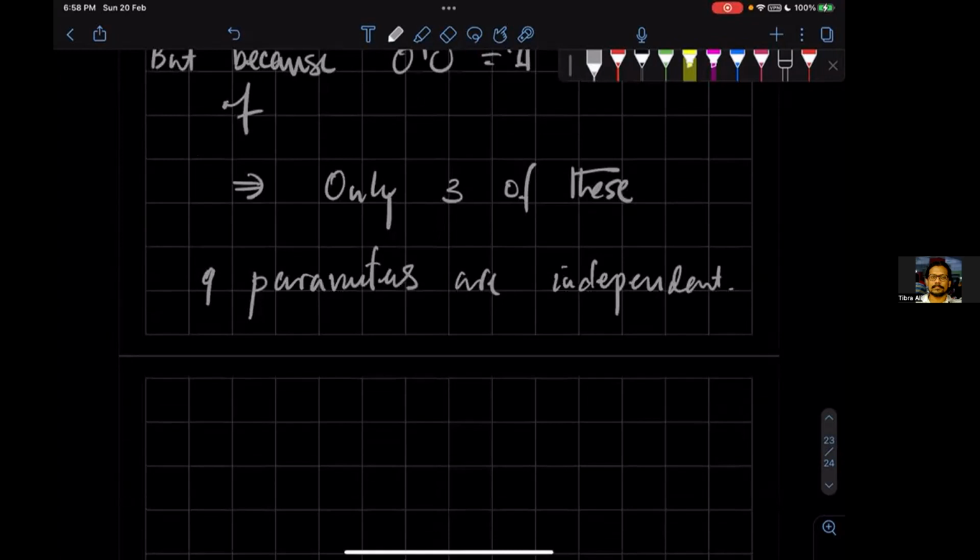Okay. So this is sort of the parameter space.